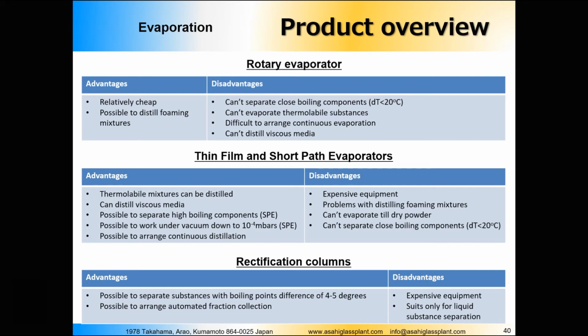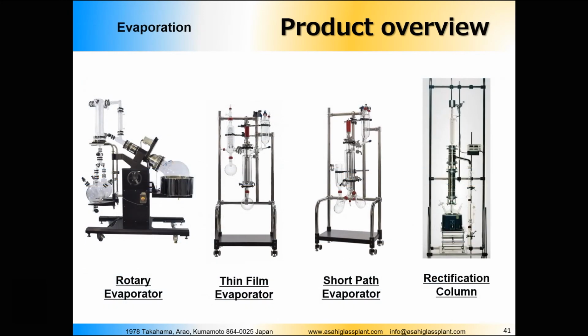And the rectification column is a pretty complicated thing in terms of calculation, so you'll need a lot of calculations to be done before you will be able to choose the proper size of the column and the proper packing material for the column. So here are the pictures of the units: rotary evaporator, TFE, SPE, and the rectification column.